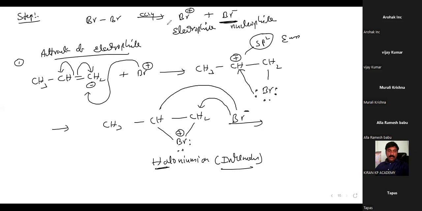For this aspect, what we have to make sure is, if this bond breaks on this side, you will be getting a 2-degree carbocation.